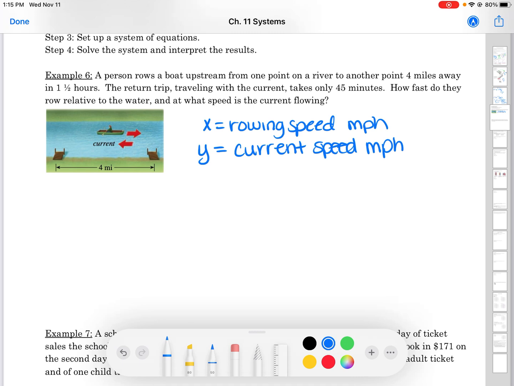All right, so from here, what we want to do is figure out what does this really look like? Well, we know a few things. We know that the distance traveled is going to be the same each time. We also know that speed is equal to distance over time.